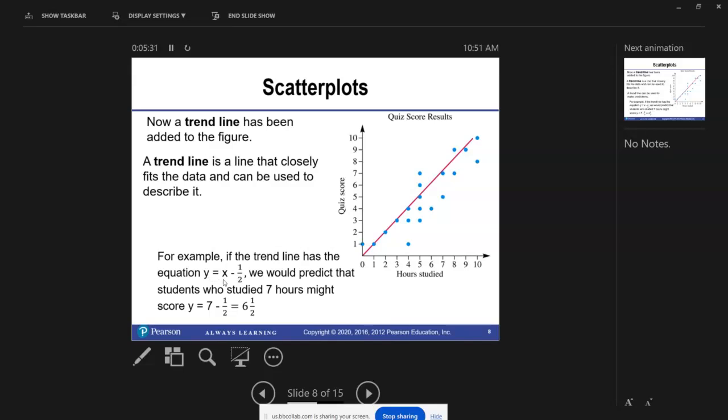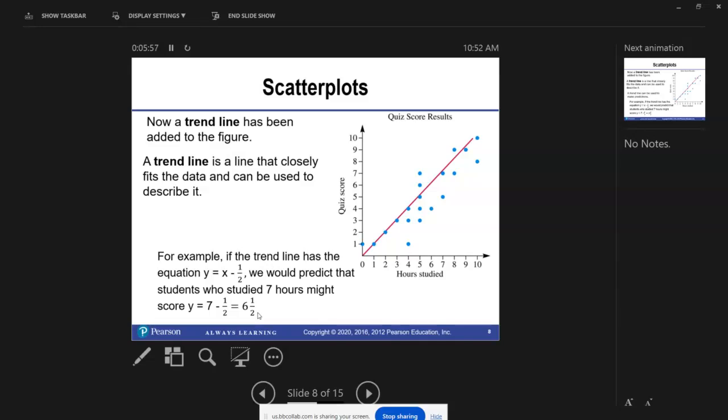Okay. So if you know the equation for the trend line, then you could predict that someone who studied 7 hours, you could predict what their score would be by just taking the 7 and substituting it in for x. So y, which is the quiz score, would be equal to 7 minus a half, which would be 6.5. Okay.